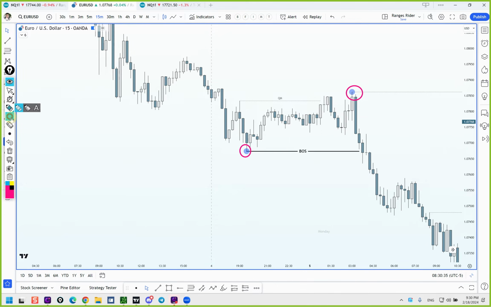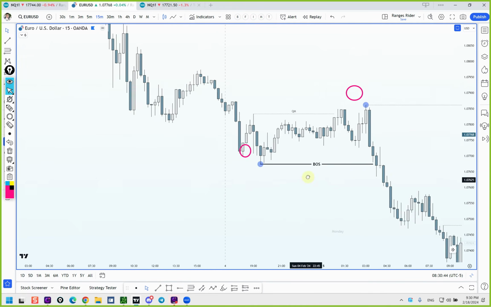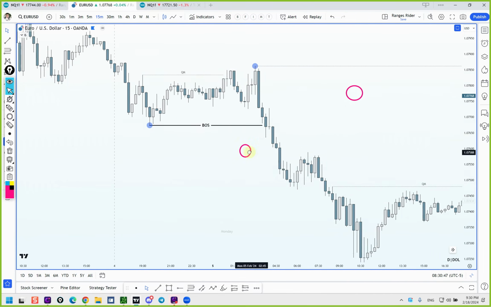Then the market breaks the range, and we have the breakup structure, because we are coming like this from the bearish side. So this is the bearish breakup structure.